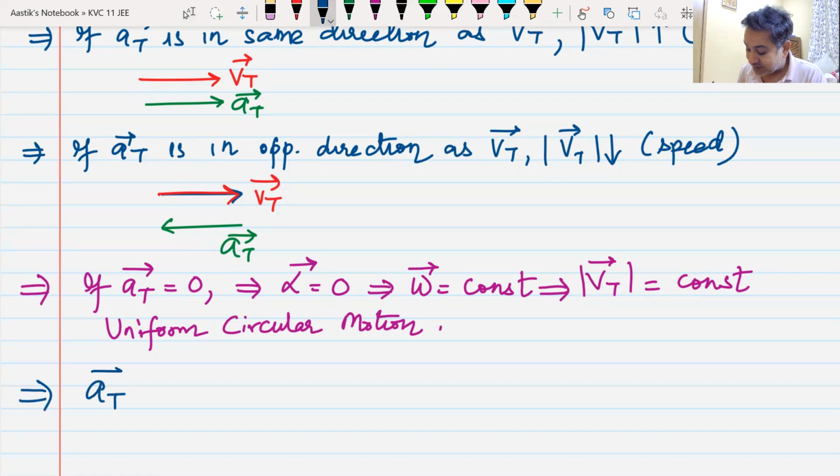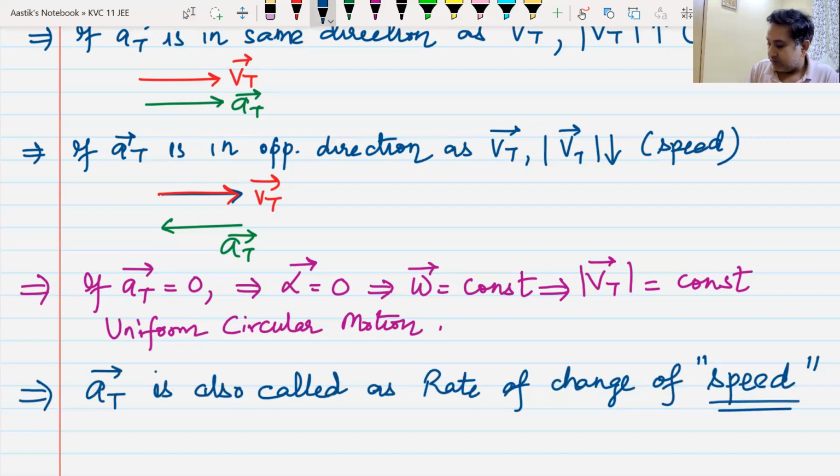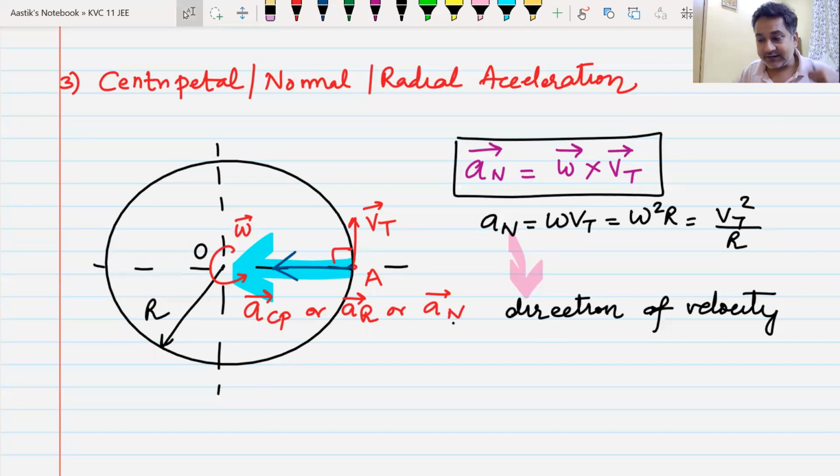Therefore, tangential acceleration is sometimes also called the rate of change of what? Speed. It changes only the speed. So you can call it, very vaguely, the rate of change of speed. So does that mean we can call radial acceleration the rate of change of direction? No, we don't call radial acceleration the rate of change of direction.